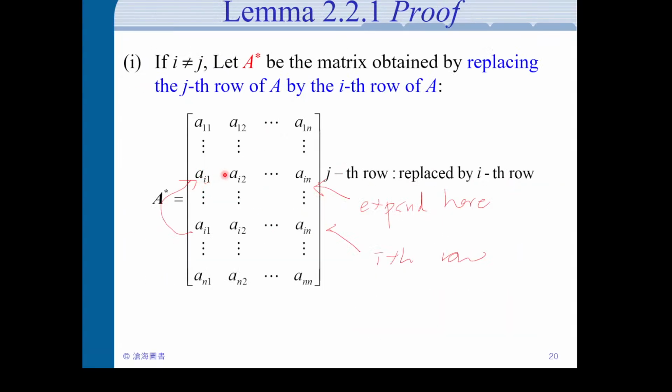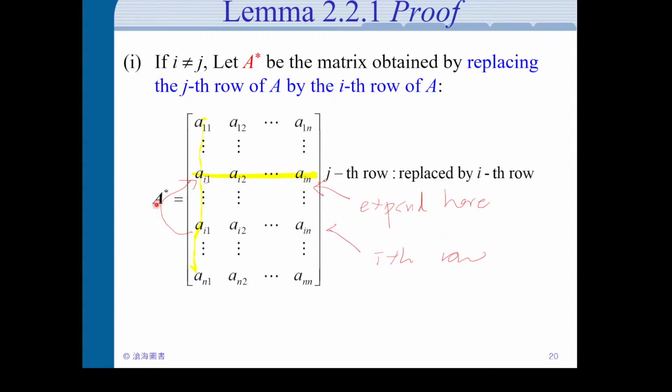So you have AI1 and then you take the covector, but when you take the covector, you delete the jth row. Remember that you take a covector here. So when you calculate the covector of A star on the ith row, because you deleted the ith row, that's the same as the covector of A. Whatever element you expand on here, you always delete the jth row.